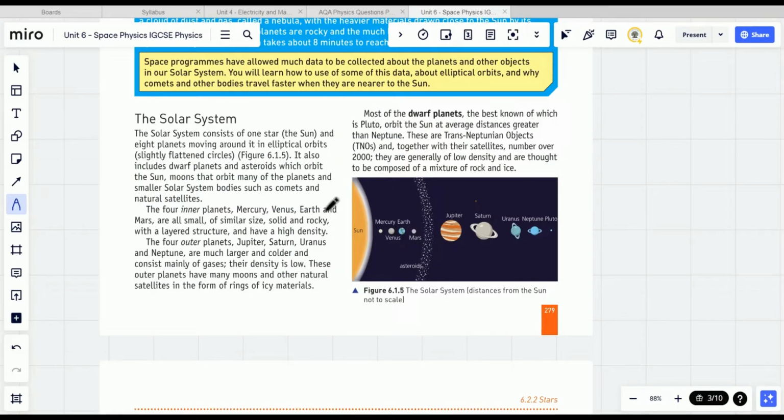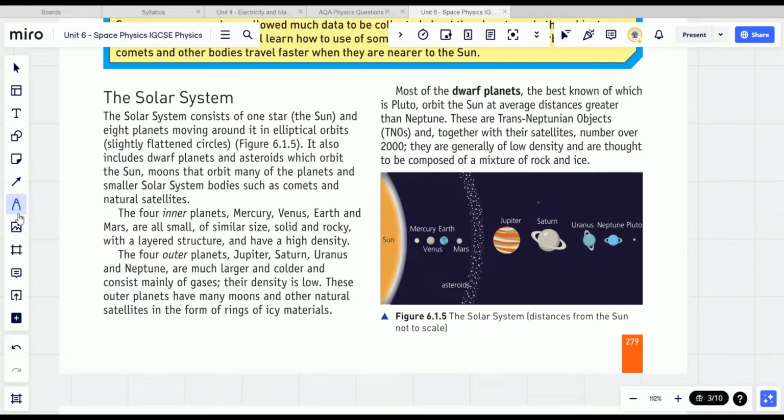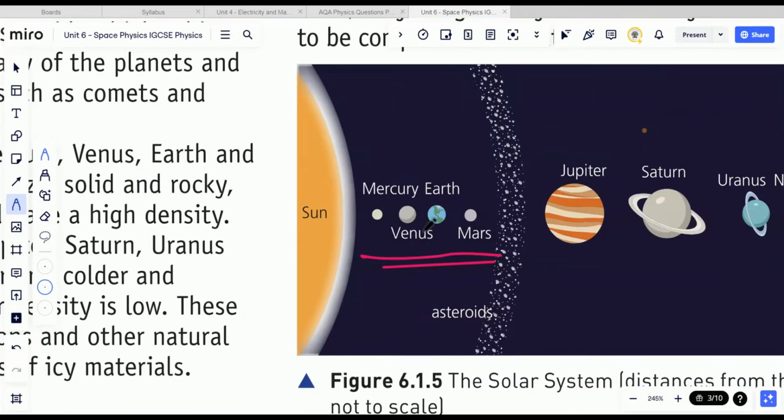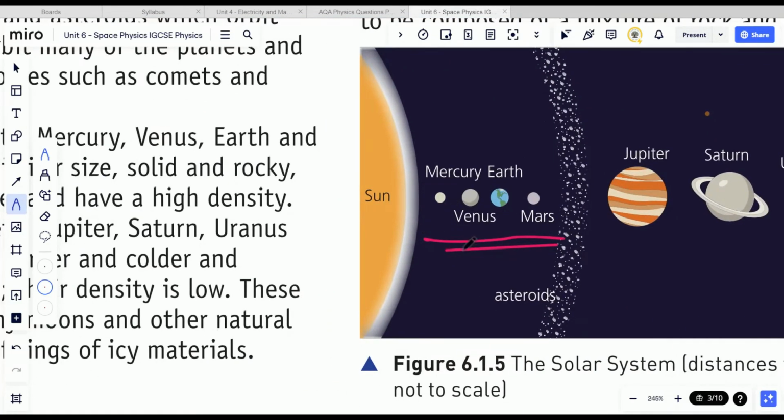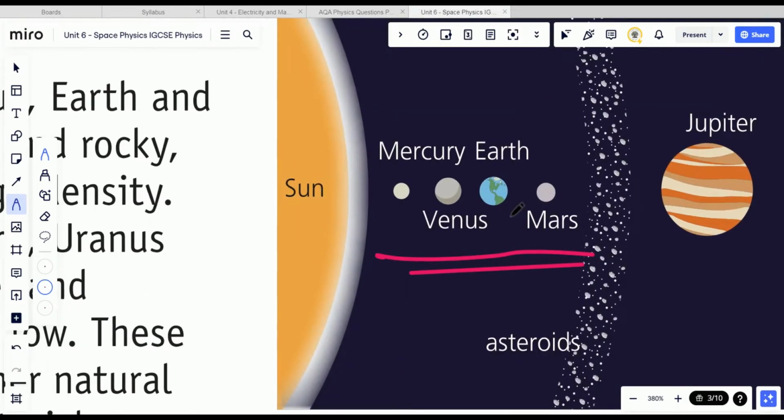So now let's talk about the solar system. First, the part that we will be discussing is the inner planets that are over here. This is what we'll be studying first. Look at the solar system over here. Which planet is the closest to the sun?